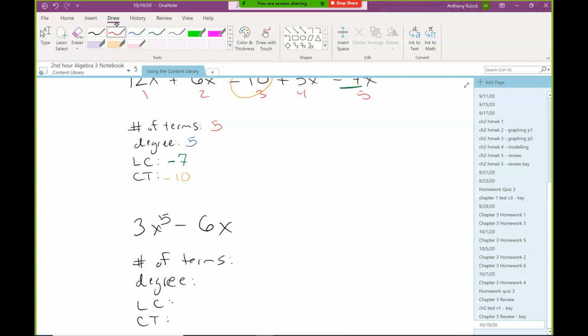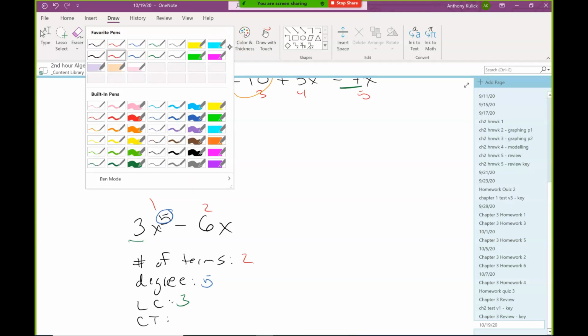Okay. How many terms do we have? 2. What's the degree? 5. What's the leading coefficient? 3. What's the constant term? So I've heard it doesn't have one, which is technically incorrect.